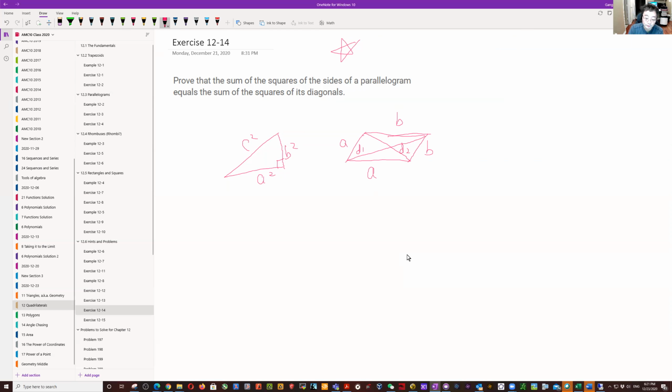This fact states that a square plus b square plus a square plus b square equals d1 square plus d2 square. Or you can write it this way: 2a square plus 2b square equals d1 square plus d2 square. Isn't that fun? So let's try to prove it.